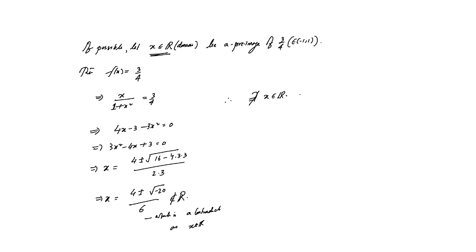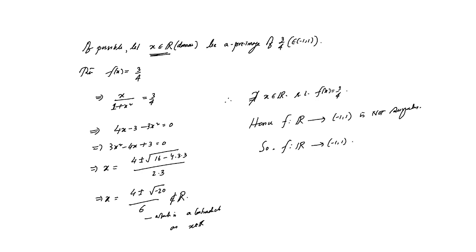Therefore we conclude there does not exist any real number such that f(x) = 3/4. Hence we prove that f from R to the open interval (-1, 1) is not surjective. Since it is not surjective, we conclude this map is not bijective.